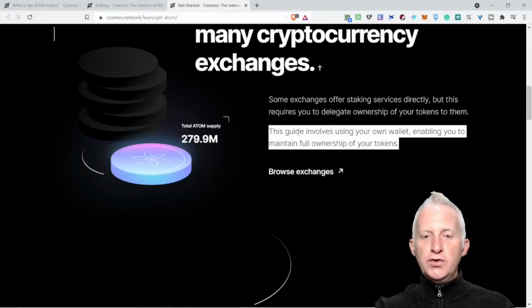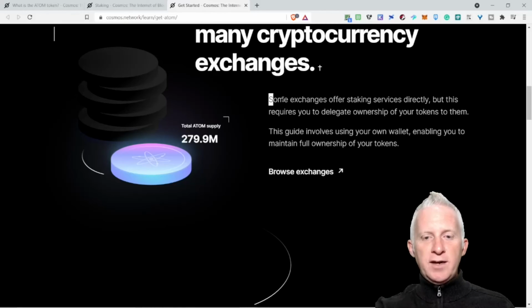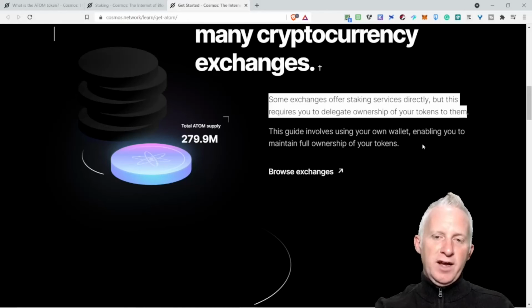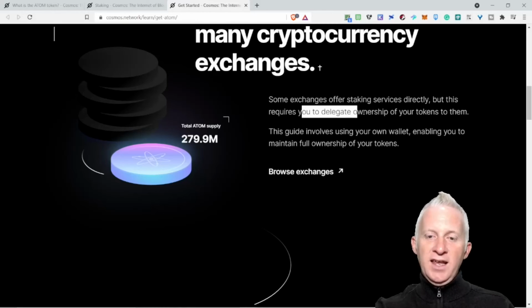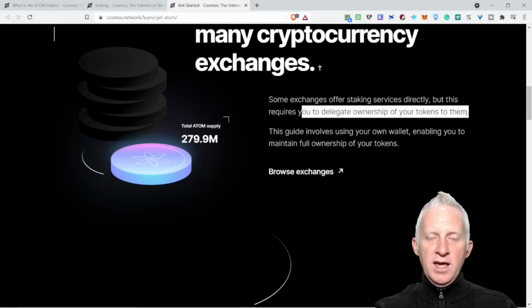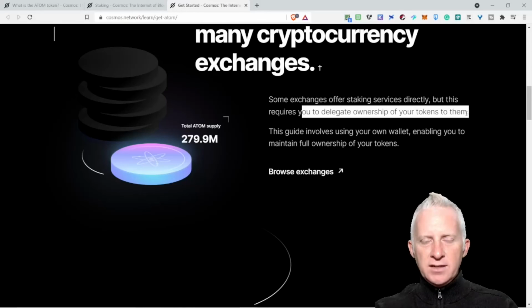Or you can find an exchange, buy the Atom, and stake them directly on their platform. But like I say, you delegate ownership of the token to them, so you lose control of your token. If something happens to the trading exchange and it gets hacked, you could lose it. This is some form of risk that you need to consider.